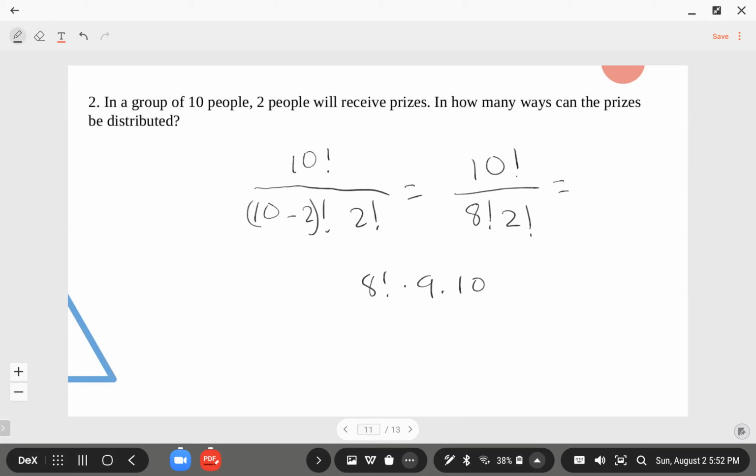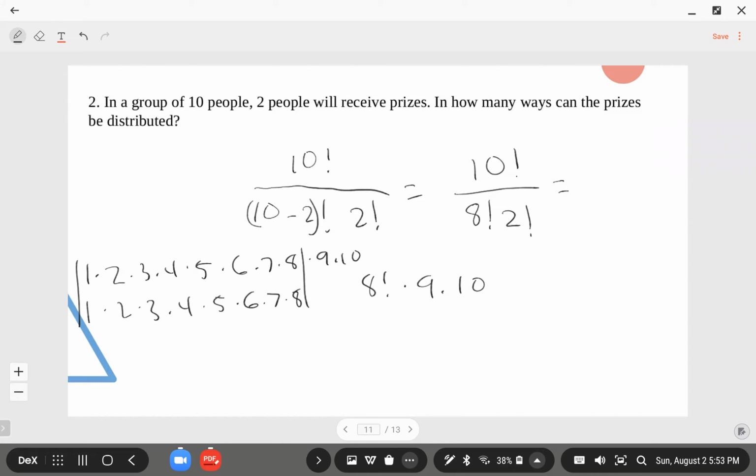Please observe. 10 factorial is this: 1 times 2 times 3 times 4 times 5 times 6 times 7 times 8 times 9 times 10. And then observe 8 factorial: 1 times 2 times 3 times 4 times 5 times 6 times 7 times 8. You see? This section right here, all the same, right? It's just 9 and 10 that are extra. And you see, we're dividing 10 factorial by 8 factorial, right?